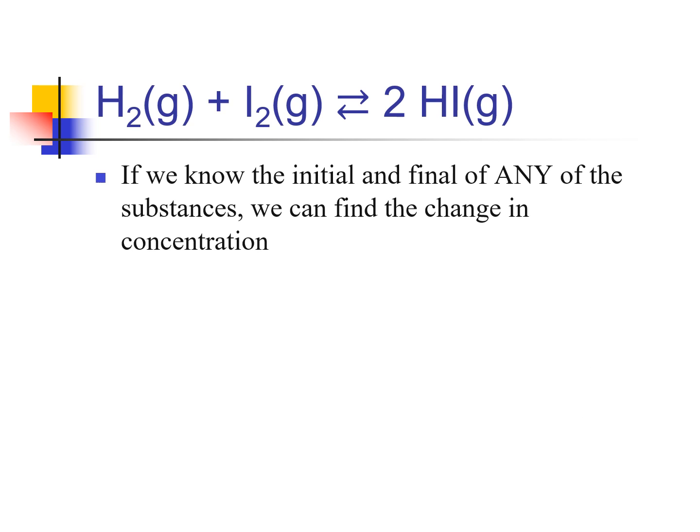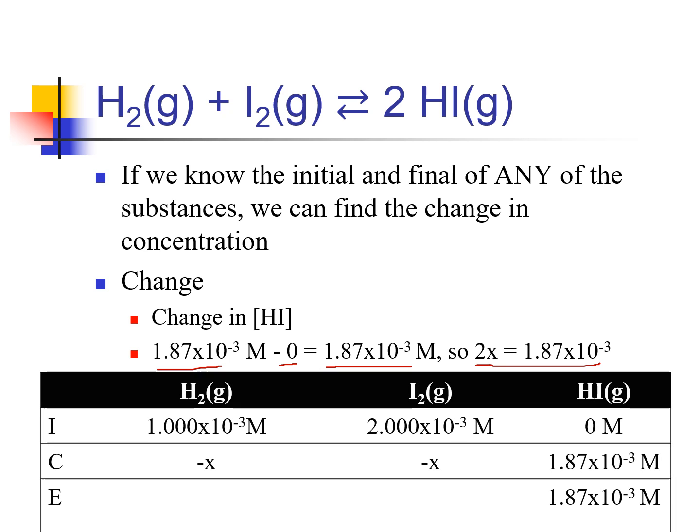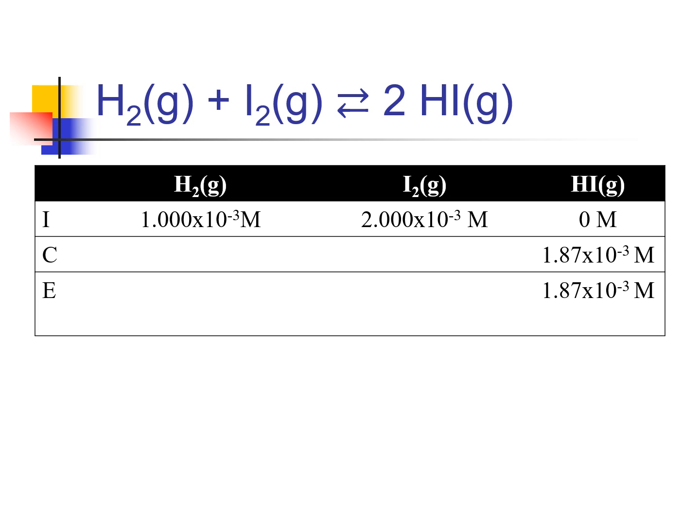Now, if we know the initial and final of any of the substances, we can find its change. So we knew the change in HI: 1.87 times 10 to the negative third, that was the equilibrium, minus 0, the initial, gives us this. This is our change. Now we labeled the change as 2x. So 2x equals 1.87 times 10 to the negative third.